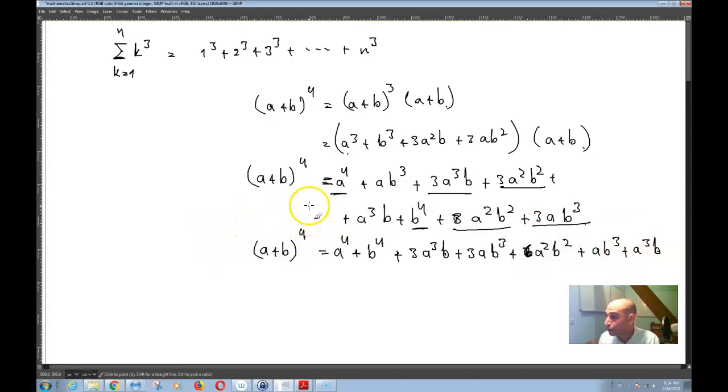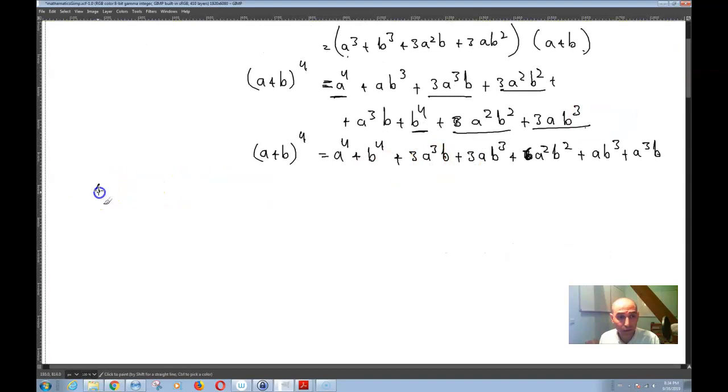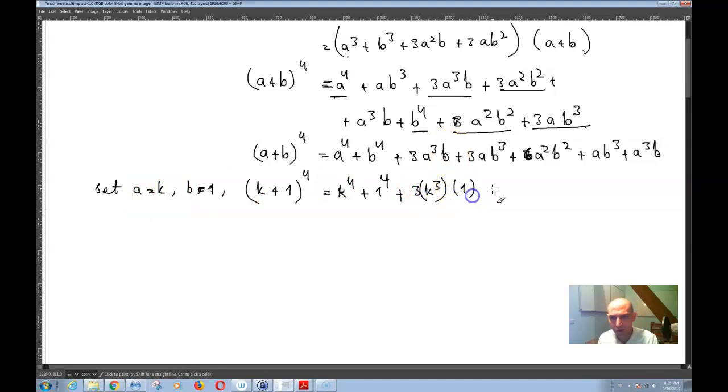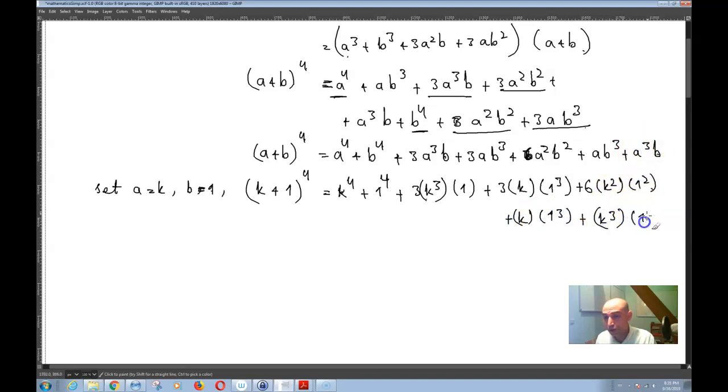Now if you set a equal to k and b equal to 1 in this identity, you get that k plus 1 whole raised to the power 4 is equal to k raised to the power 4 plus 1 raised to the power 4 plus 3 times k cube times 1 plus 3 times k times 1 cube plus 6 times k squared times 1 squared plus k times 1 cube plus k times 1 cube plus k cube times 1.